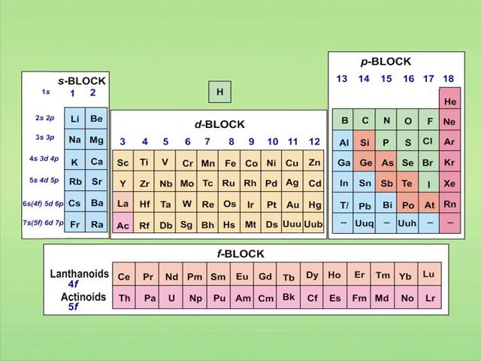Consider, for example, elements of group 1. Hydrogen has only 1 electron, and this enters the 1s orbital. The rest of the elements, that is lithium, sodium, potassium, rubidium, cesium, and francium, receive the last electron in 2s, 3s, 4s, 5s, 6s, and 7s orbitals respectively.